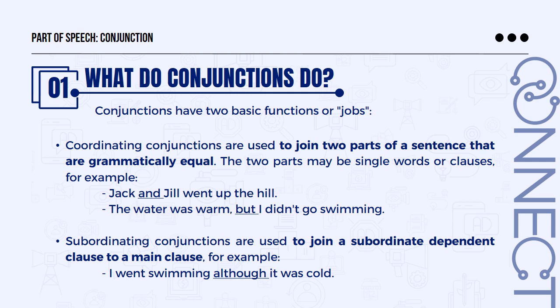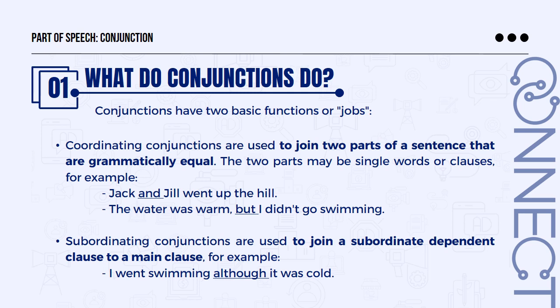The second function or job is that subordinating conjunctions are used to join a subordinate dependent clause to a main clause. So for example, we have, I went swimming, although it was cold. The subordinate dependent clause there is the it was cold because wala siyang thought, it was cold.